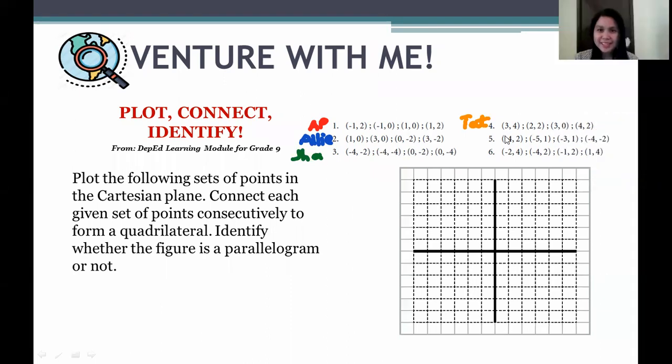Then we'll have the pink. Let's ask Faith. And number 6, the violet. Let's ask Ryan. Okay, ready? Start annotating. I'll give you 1 minute to annotate. To plot the points, again, you plot the points in the coordinate plane and then connect them.